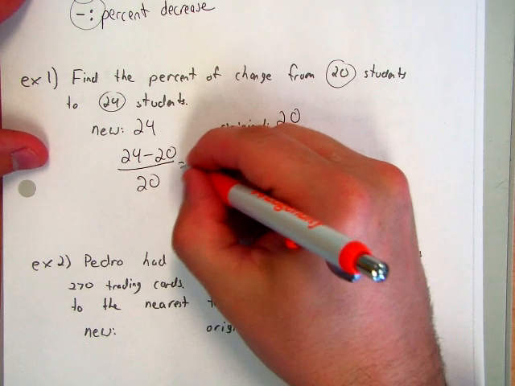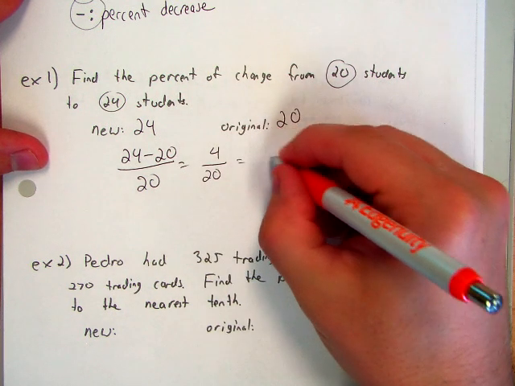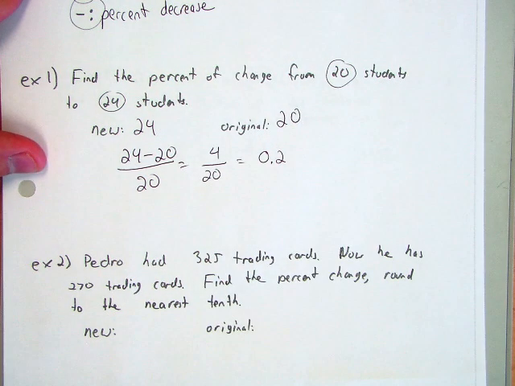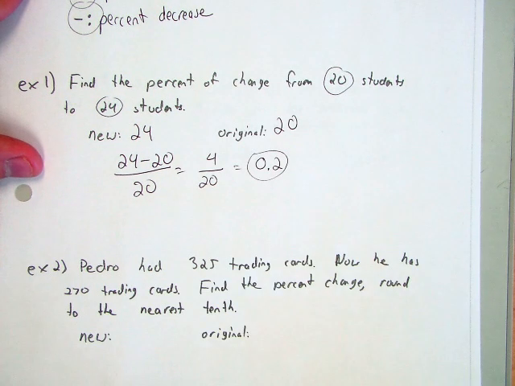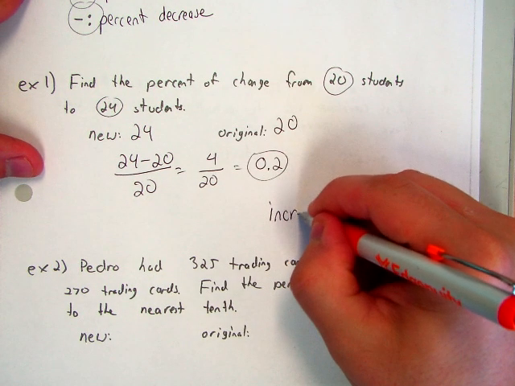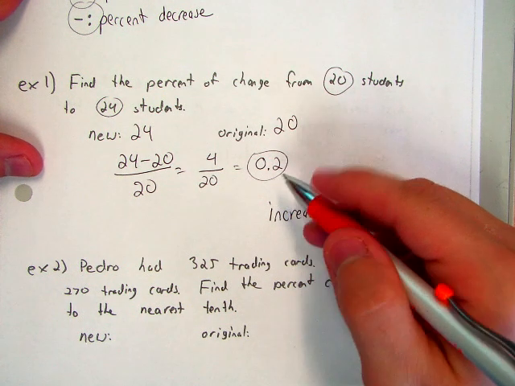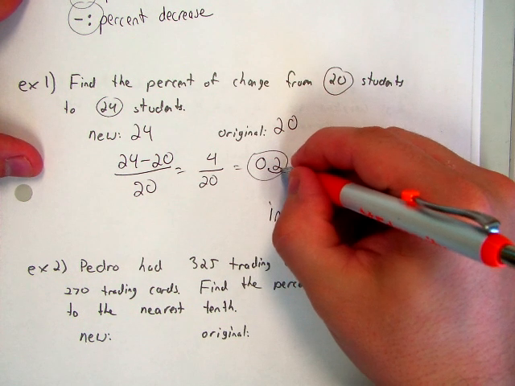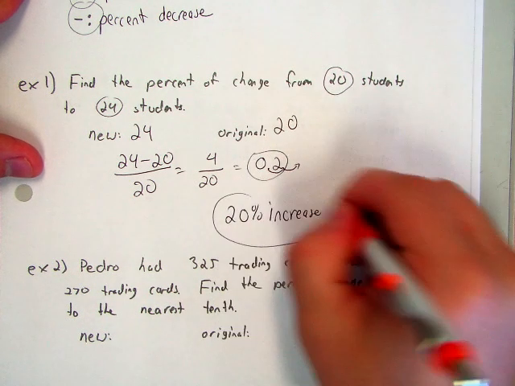So 24 minus 20 is 4, and then 4 divided by 20 is 0.2. Notice how this decimal is positive, so it's going to be a percent increase. I'm then going to change this decimal to a percent, so I multiply by 100, or I move the decimal point 2 places to the right. So this is a 20% increase.